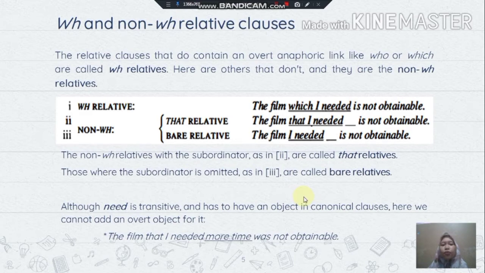So the noun phrase "more time" has been added as a direct object, but it makes the sentence ungrammatical. Why? Because "needed" has already got a direct object. It just isn't overt in this relative clause construction.